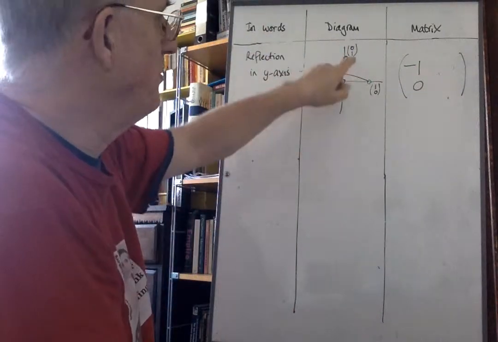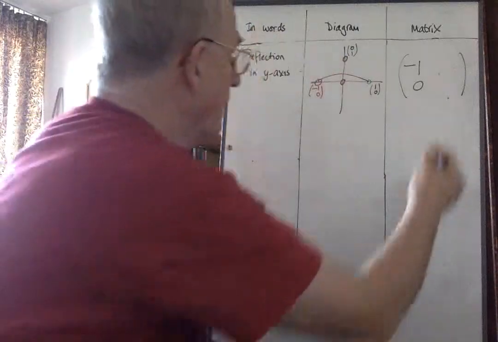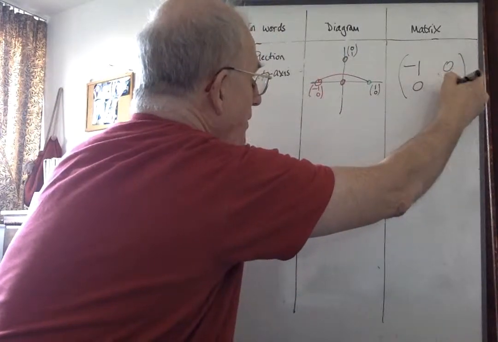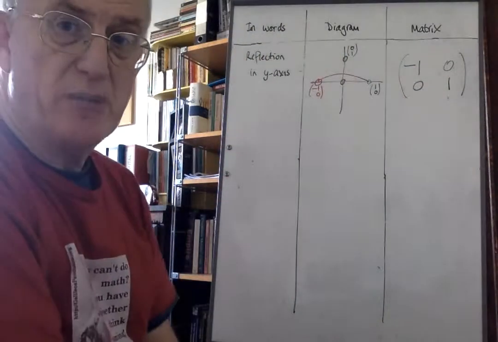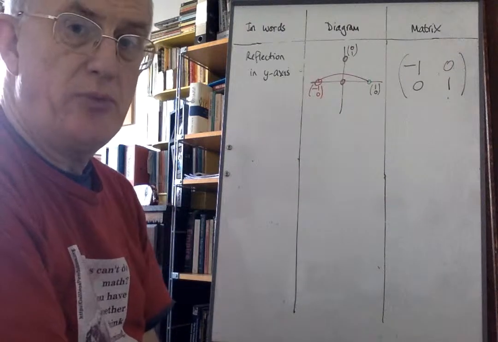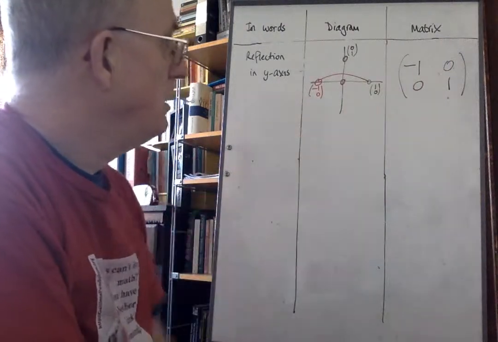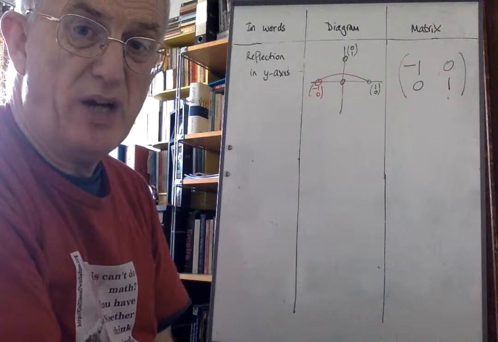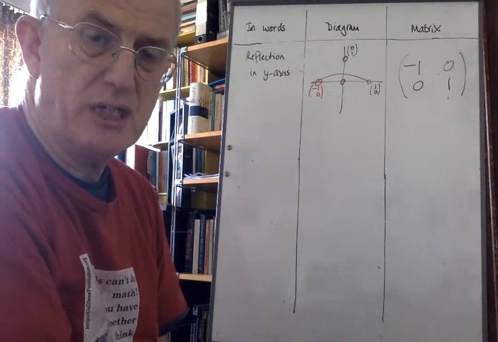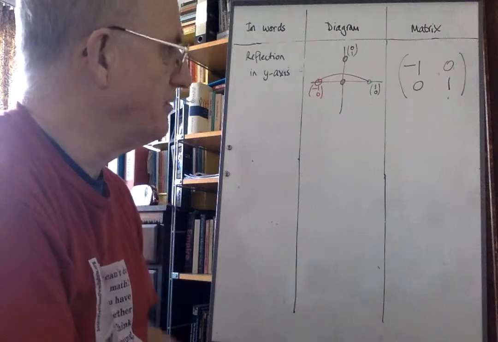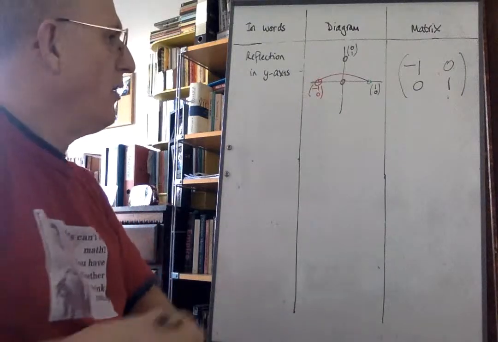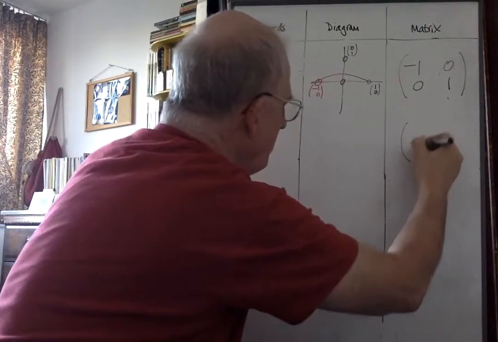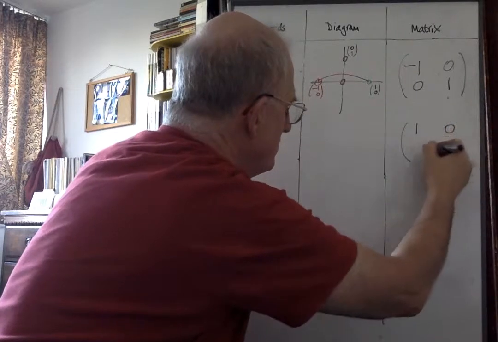The second column is where that point goes to, and it stays where it is, 0, 1. So there's the matrix. If we check that the determinant is minus 1, that gives us a little extra check because reflections always have a negative determinant.